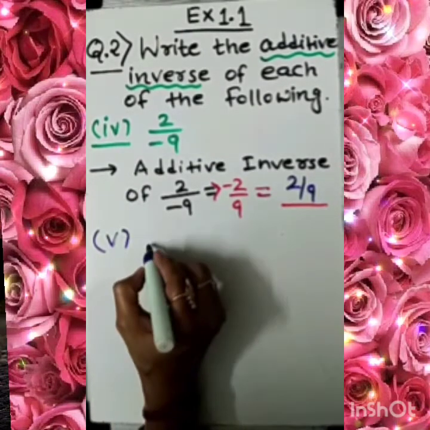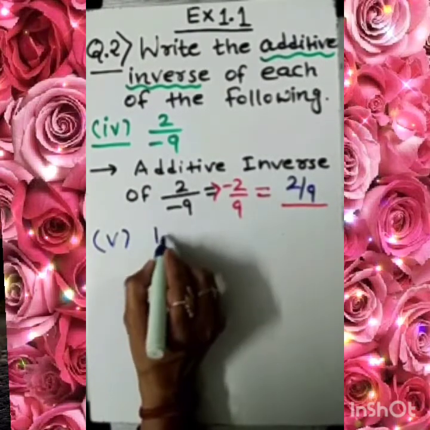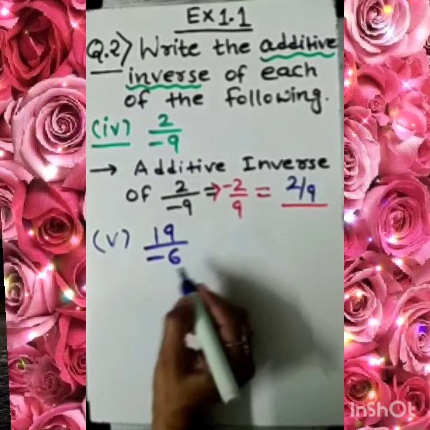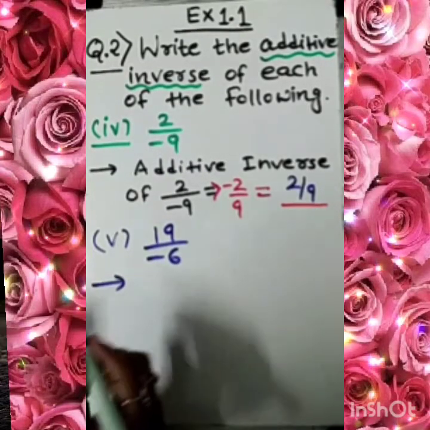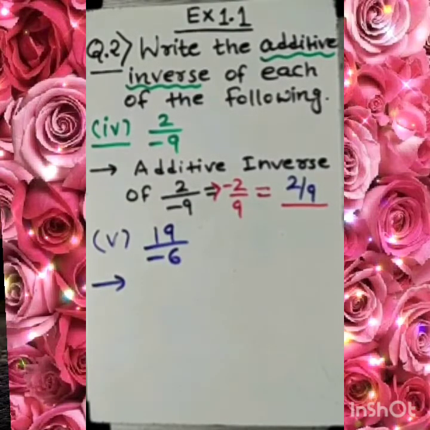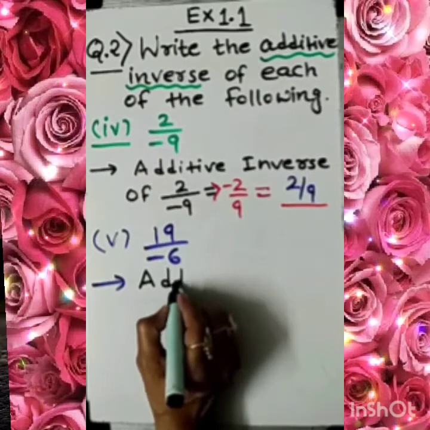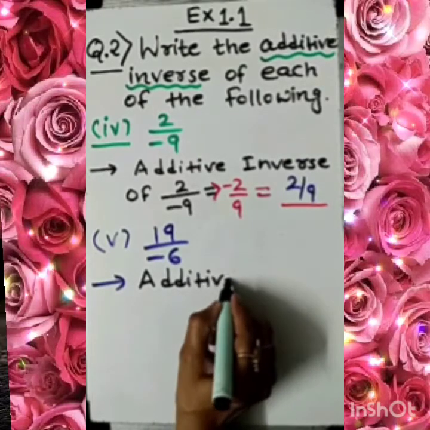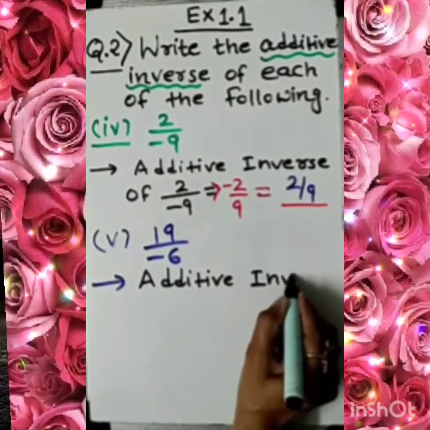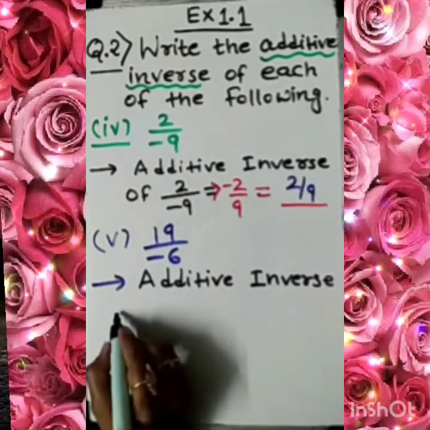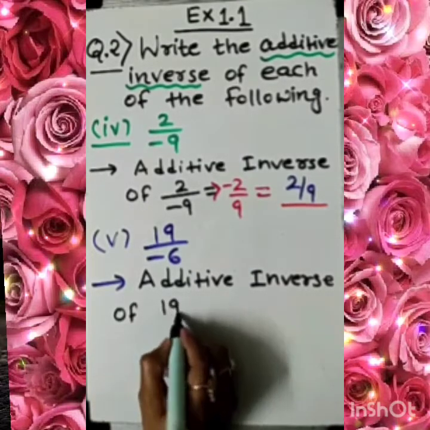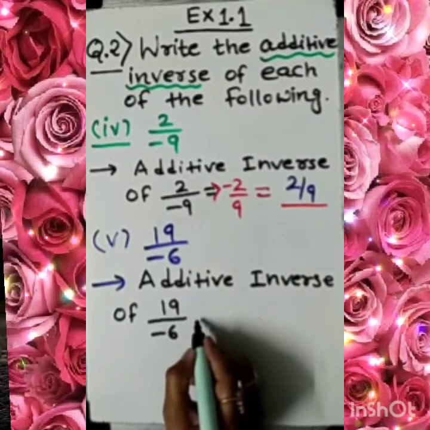Next, one more is there. Let's work on that. The question is 19 upon minus 6. Here also you can see the negative sign is in the denominator. So first we write additive inverse of 19 upon minus 6.